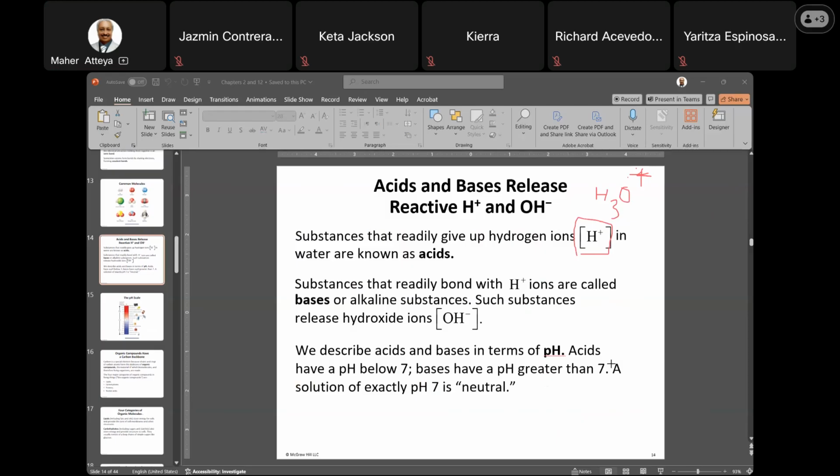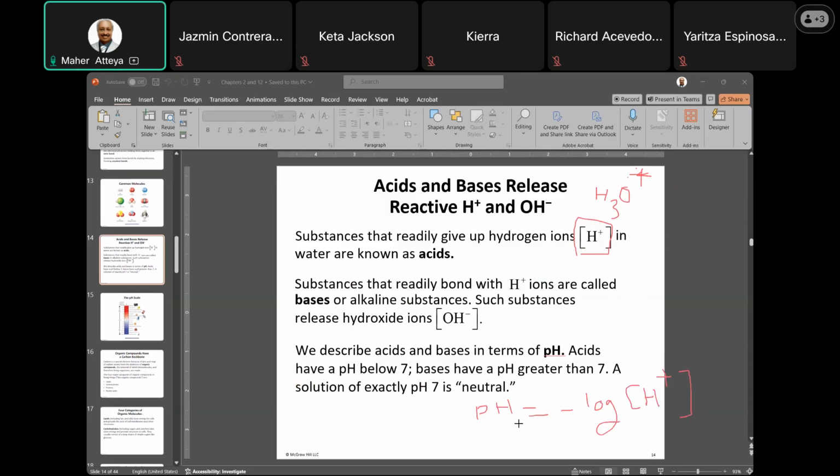Okay, guys? And the pH scale for an acid: pH is defined in a mathematical expression as minus log of the hydronium ion or proton concentration, minus log of H plus concentration.